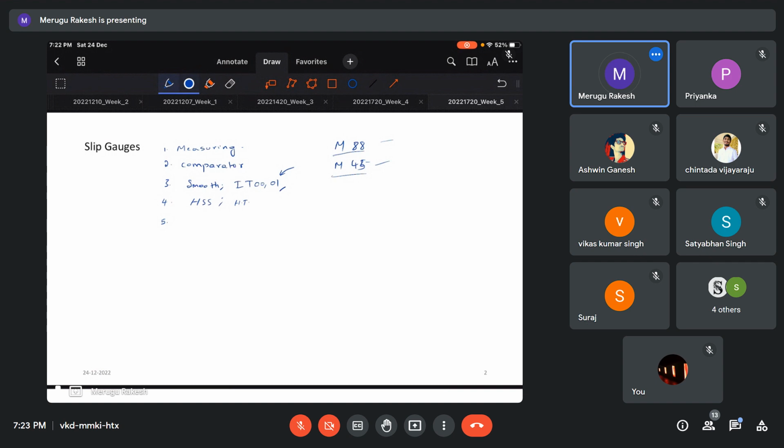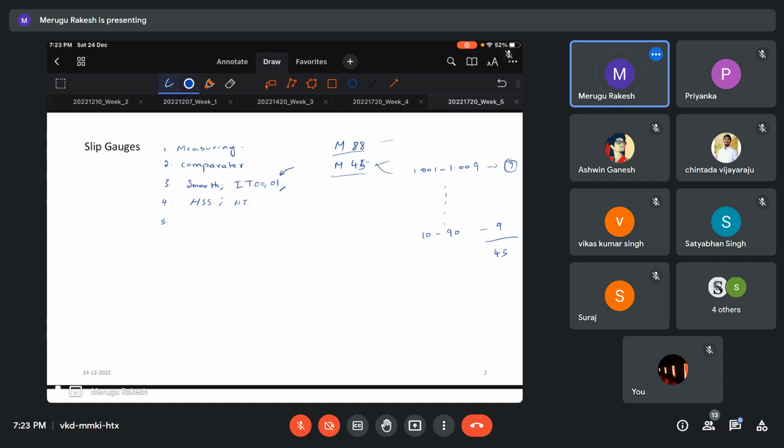Regarding that, in the 45 set, we will start with 1.001 to 1.009. So that will be a total of 9 gauges. Like that we will go on, these are in mm. So the total set will be 45. It is similar to the M88 set, but with different sizes of slip gauges.